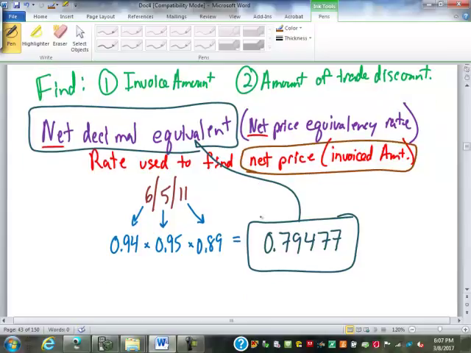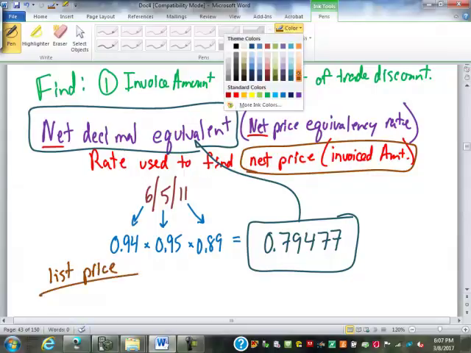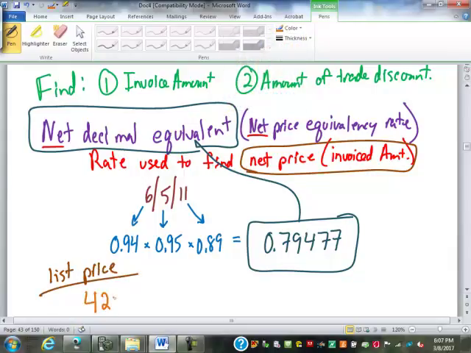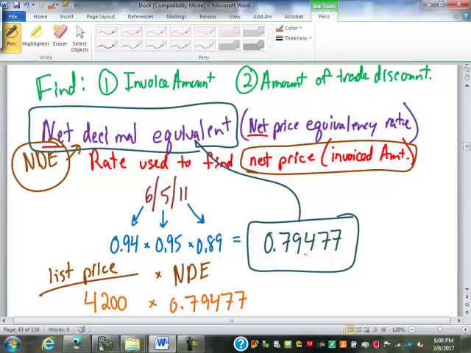So we had $4,200 as our list price. We're going to multiply that by the NDE, that's the net decimal equivalent. So we're going to multiply that by 0.79477.